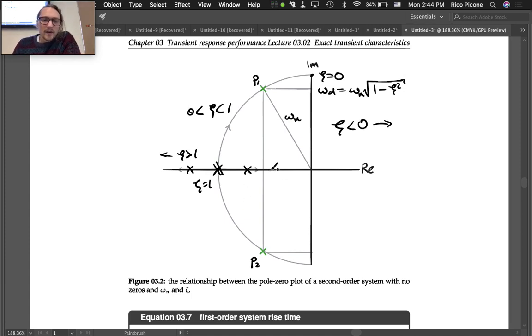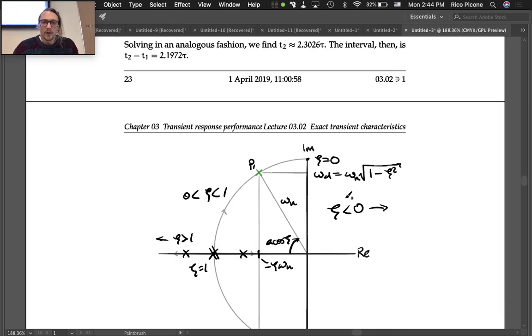The other way that geometrically we can relate this is that this angle here of the poles is the arc cosine of zeta, and the real part here is negative zeta omega n. So it's good to keep this in mind. We're going to start using this more and more, this pole zero plot representation, and so keeping this in mind while we're doing this part is going to be good for us to do.